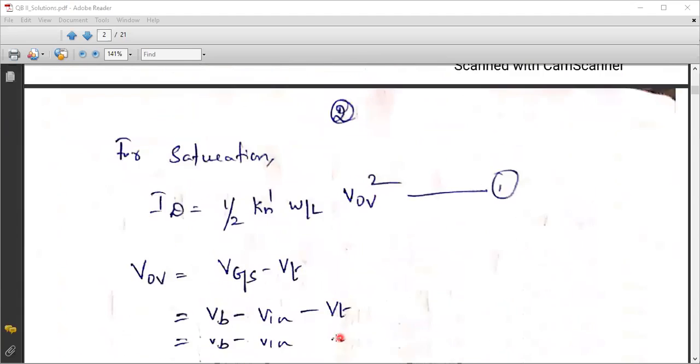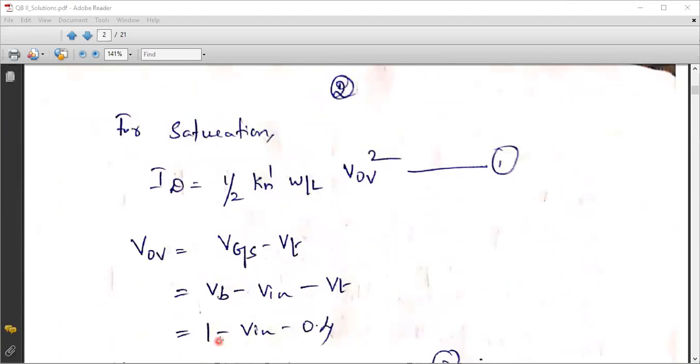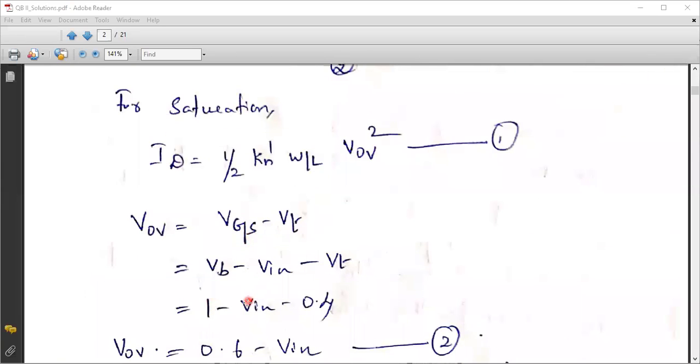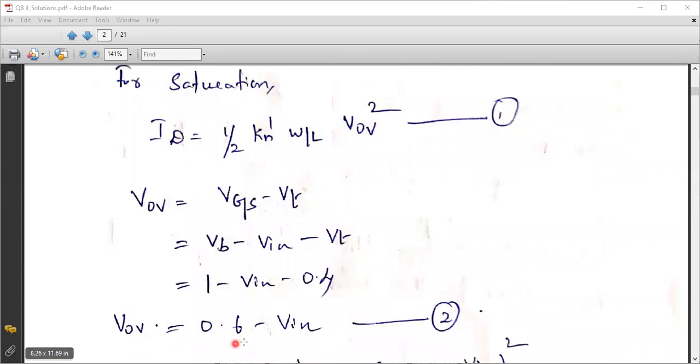So VGS can be written as VB minus V in, or 1 minus V in. And the threshold voltage is already specified in the question, it is 0.4. So 1 minus 0.4 will become 0.6 minus V in. This will be your overdrive voltage. Question number 2.